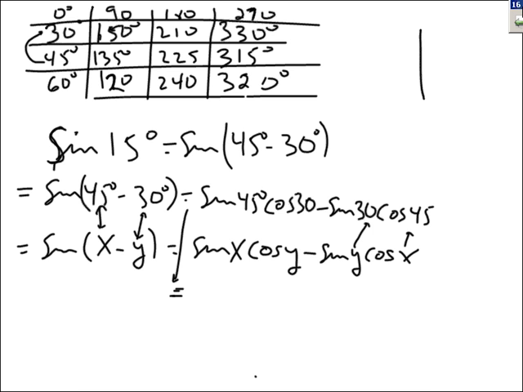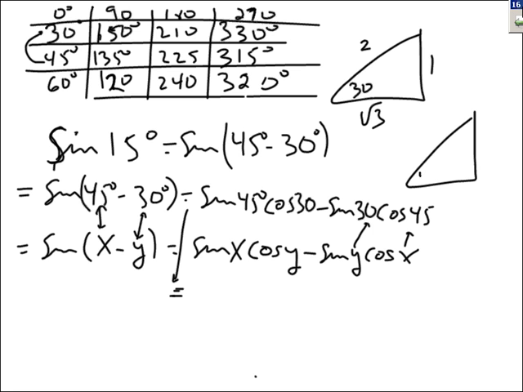Let me just draw it, please. 30 is 1, 2, square root of 3. And 45 is 1, 1, square root of 2. So first we want the sine of 45 degrees, which is opposite over hypotenuse. It's 1 over the square root of 2 times the cosine of 30.